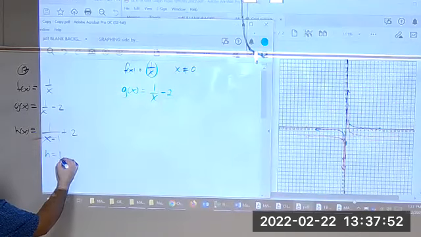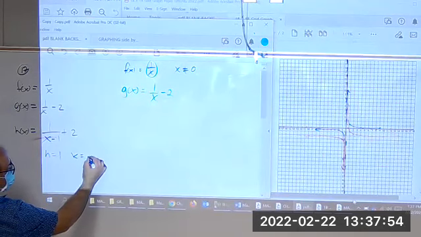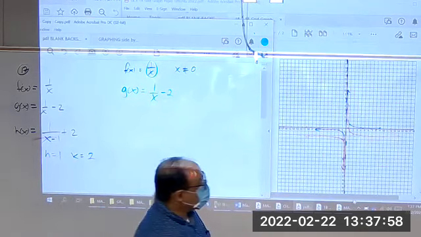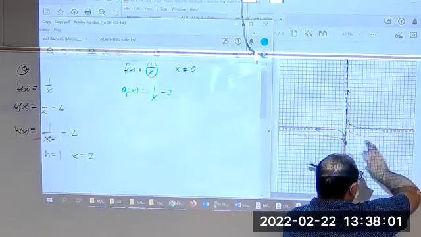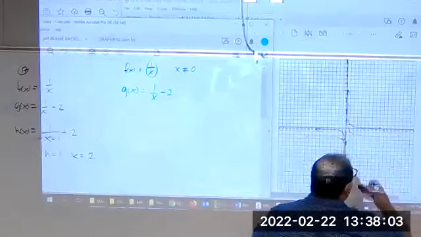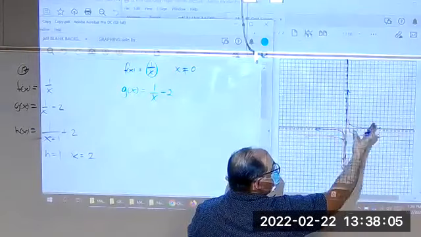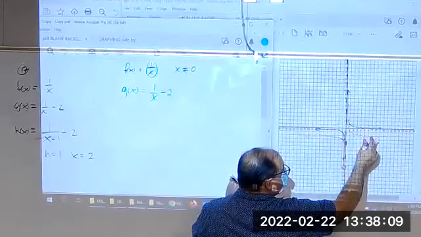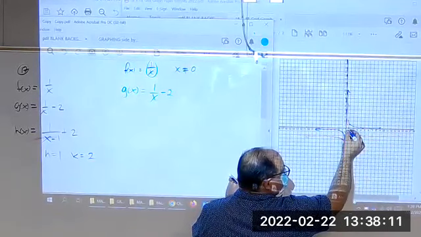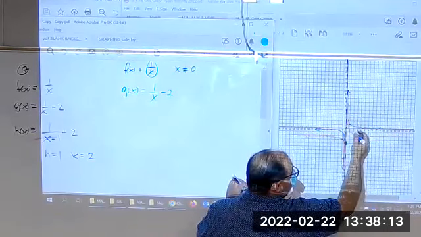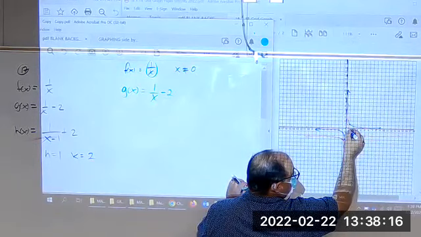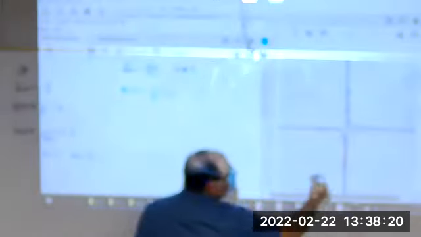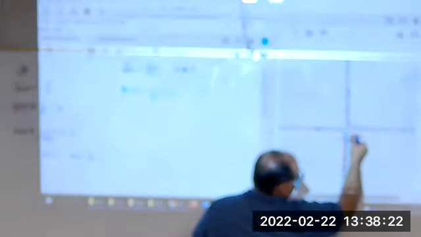H is a +1, K is equal to a +2. So that means everything has to shift 1 to the right and 1 down. When you're doing the rational functions, and that's what this is, a rational function, fractions, the best thing to do is to shift the asymptotes. That asymptote here is at 0, 0. When it was just -2, we dropped the asymptote down 2 units.